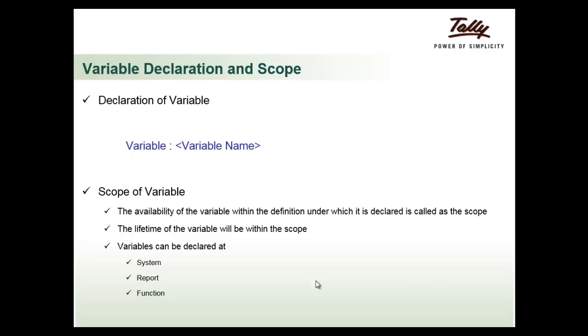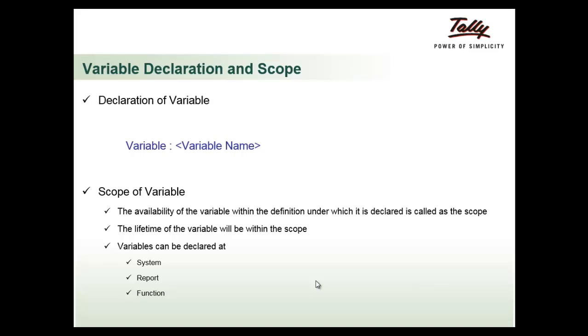The availability of the variable within the definition under which it is declared is called scope. So in whichever definition you are declaring the variable, the availability of the value of that variable will be in that definition. So that is called scope. In short, the lifetime of variable is known as the scope.